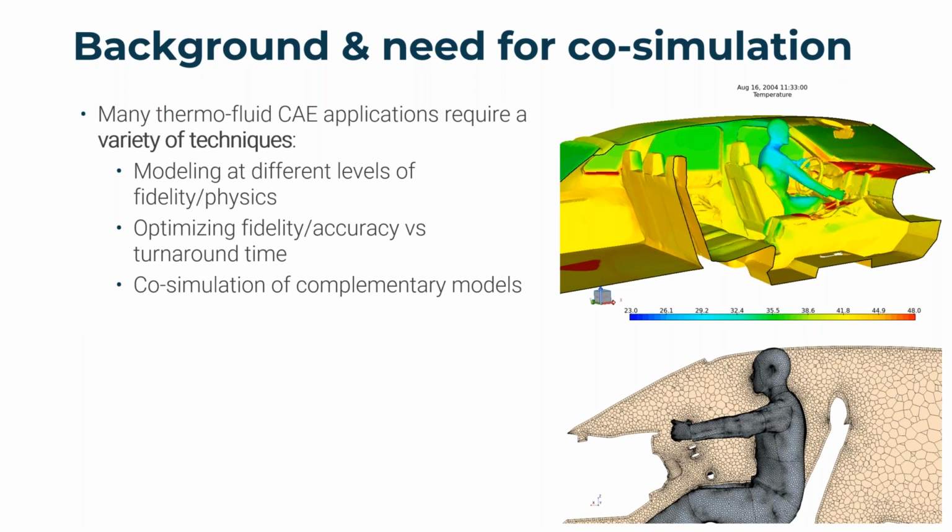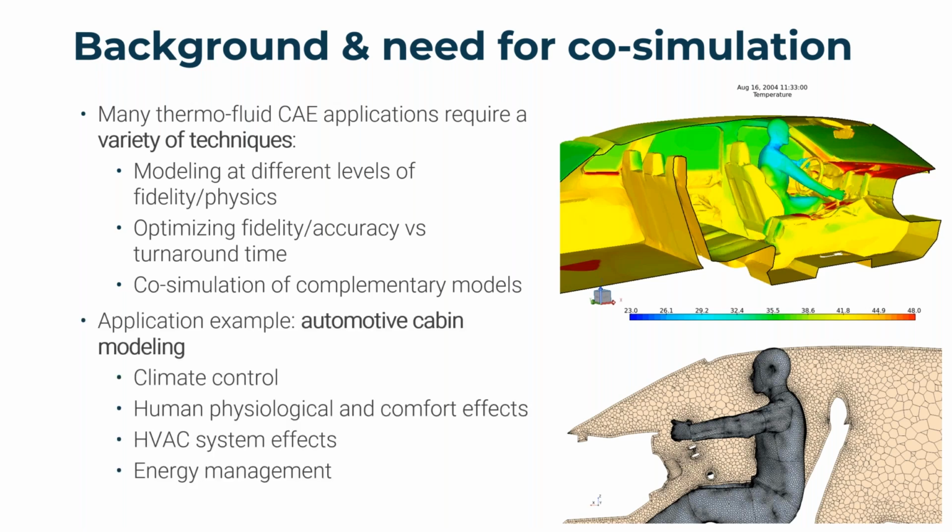So those might involve creating models of your product at different levels of fidelity and including different physics, and trying to trade off or optimize the relationship of the model fidelity and its accuracy, or on the other end, how fast can you turn around results and run more iterations. And often that might require co-simulating models using different physics that have some complementary nature to them, like the thermal and CFD coupling that we'll be showing today.